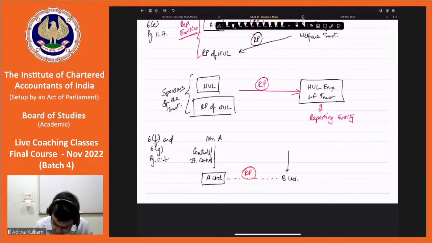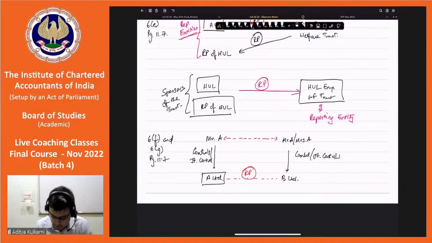And I say that it could be either Mr. A or Mrs. A who controls or jointly controls B Limited. And what is the relationship between this? It could be either the same person, that is self, or it could be a close family member.